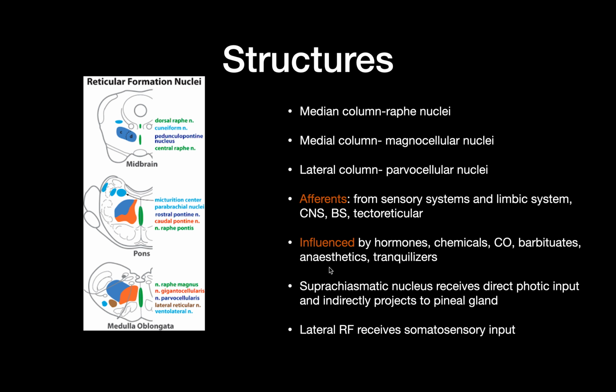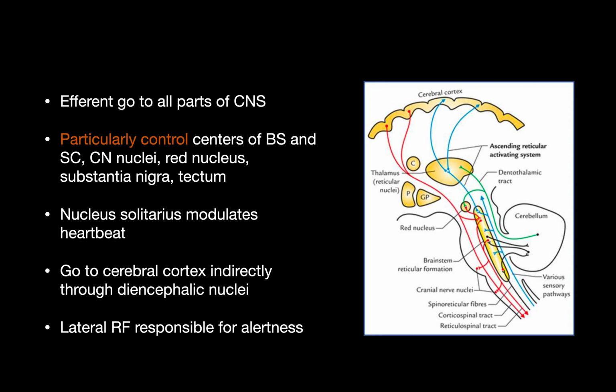So the efferents go to all the parts of the central nervous system. In particular, it's going to go to the centers of the brainstem, the spinal cord, the cranial nerve nuclei, the red nucleus, the substantia nigra, and the tectum.